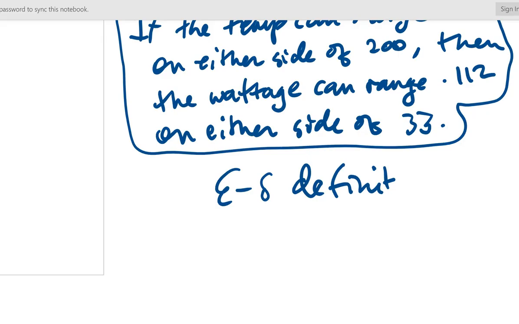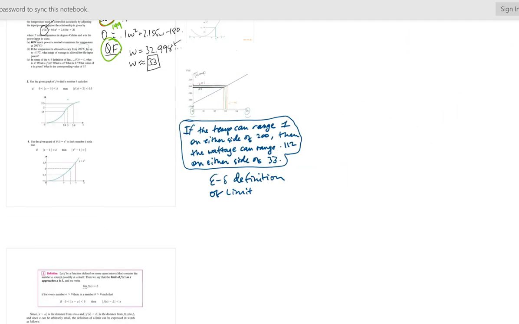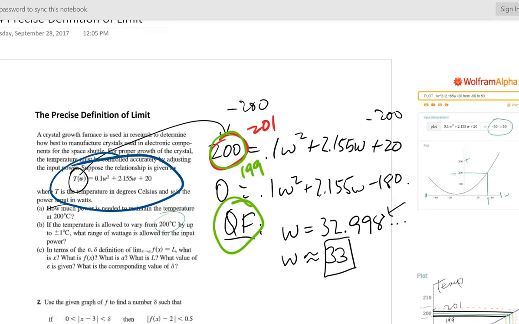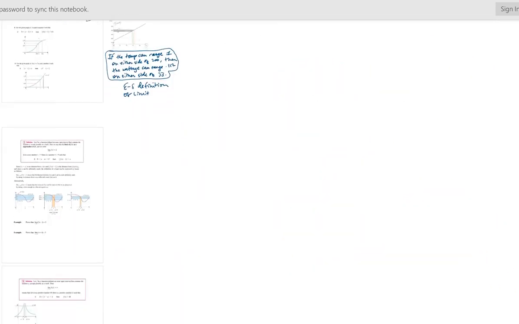Okay, so I'm going to write out the same problem in terms of epsilon delta. Let me go back up and call this function f of w, or t of w. Oh, it's called t of w already.